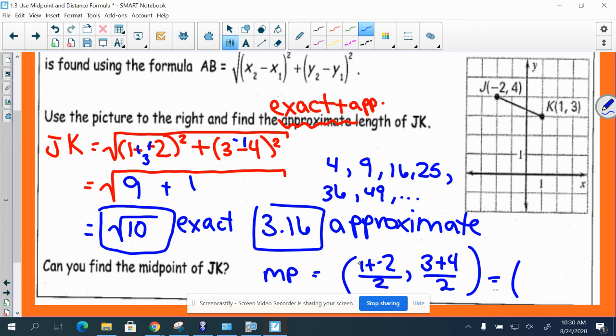And then simplify. 1 plus -2 is -1, so that'd be -1/2. And then this would be 7/2, or 3.5. So -1/2, and 3.5. That would be the midpoint.